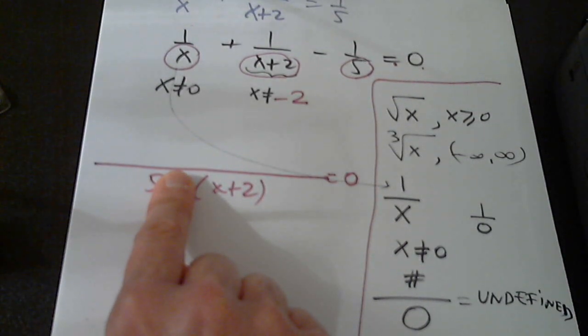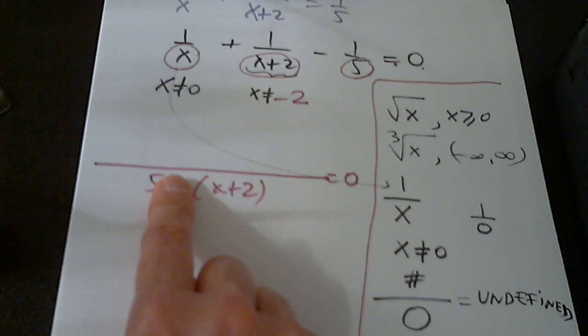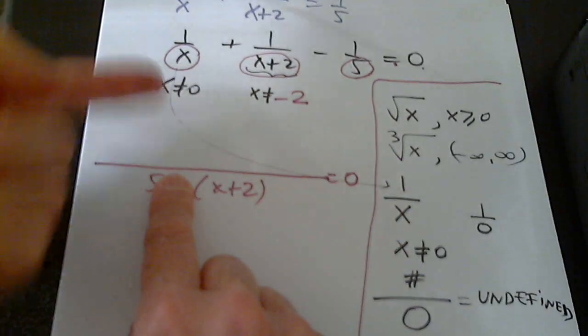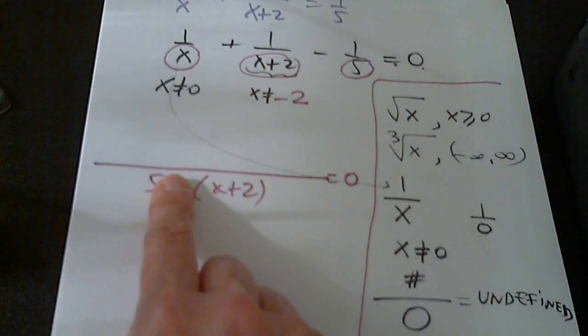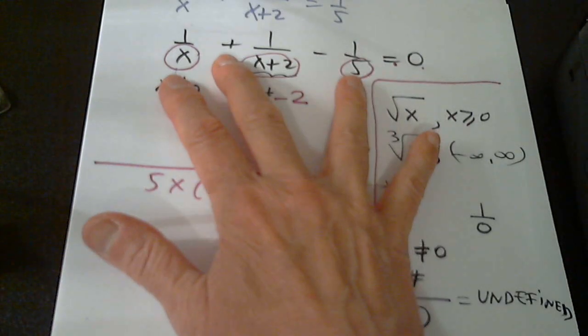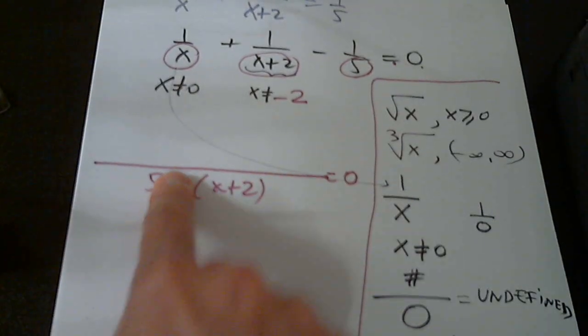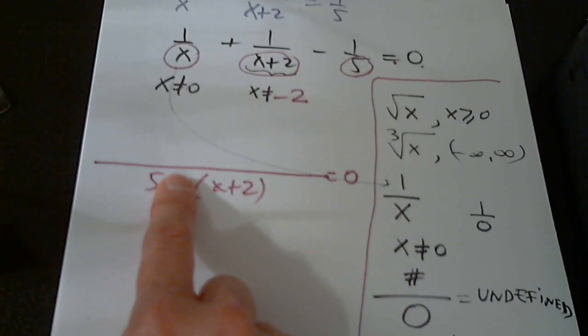What are they? I covered it up. So what are the factors that I multiplied x by to get this? I multiplied this factor by 2 other factors. What are they?